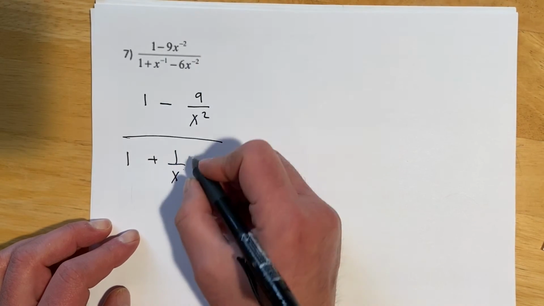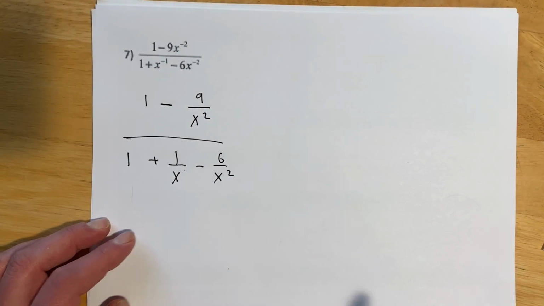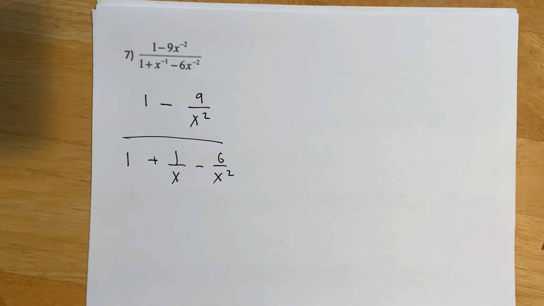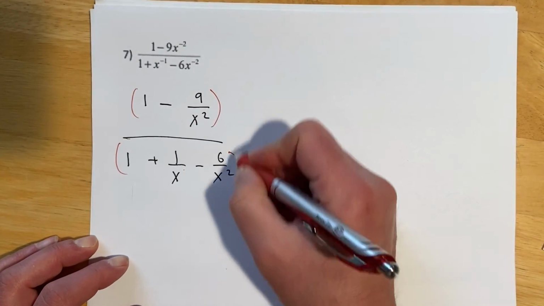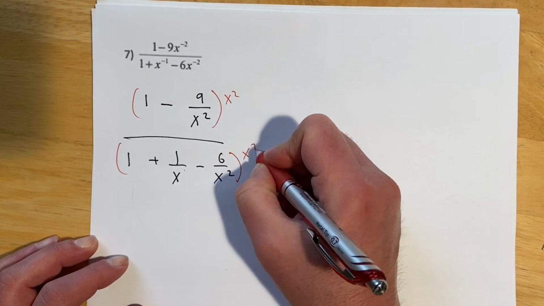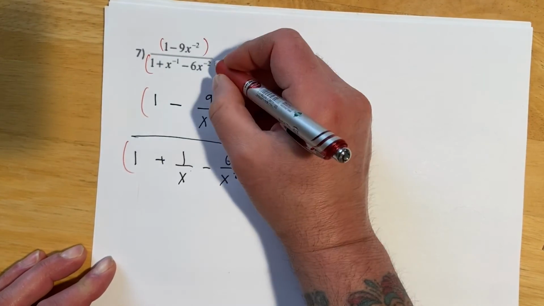And here, this x to the negative 2, so that's minus 6, and then x squared. So I can rewrite the problem that way, and then that will help me see that my common denominator is x squared.